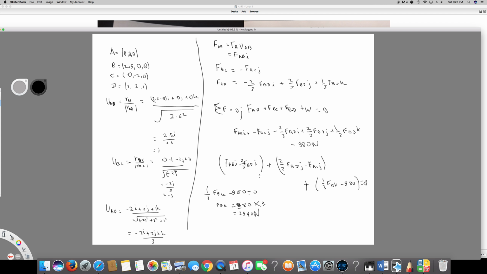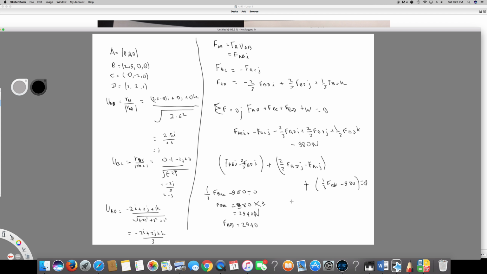I can equalize. So let's say, okay, FBD, this is FBDK. So instead of putting FBD, this is equal to FBD, right? So FBD is equal to 2940. So if I use that FBD for this equation, let's say I'm taking the J equation right now.